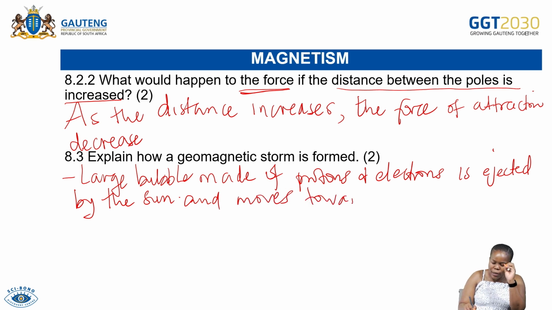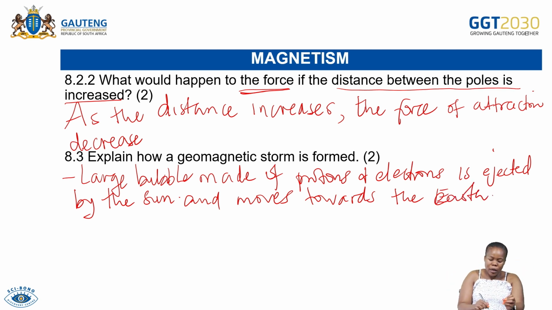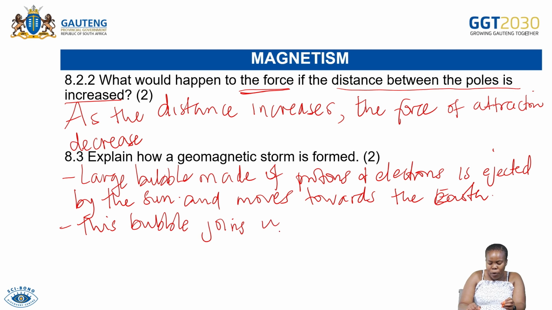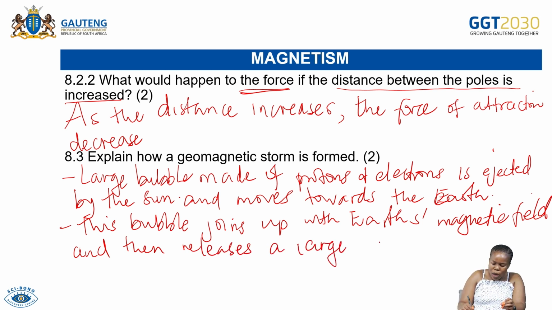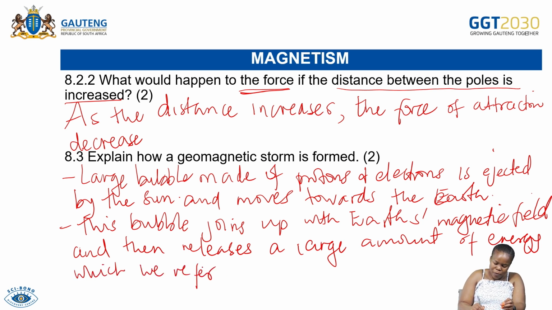This large bubble then joins up with the earth's magnetic field, and then releases a large amount of energy, which we refer to as geomagnetic storms.